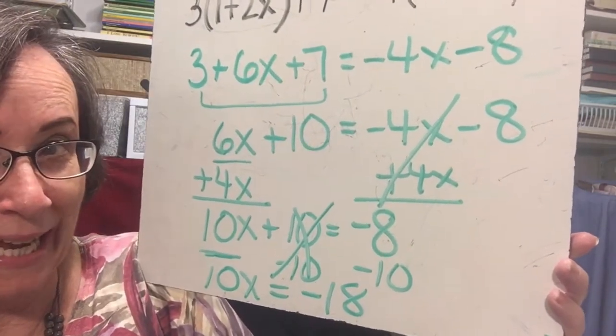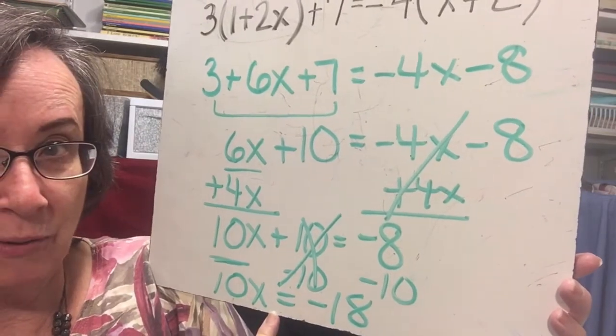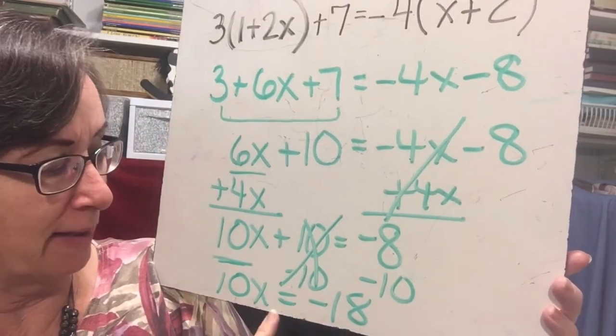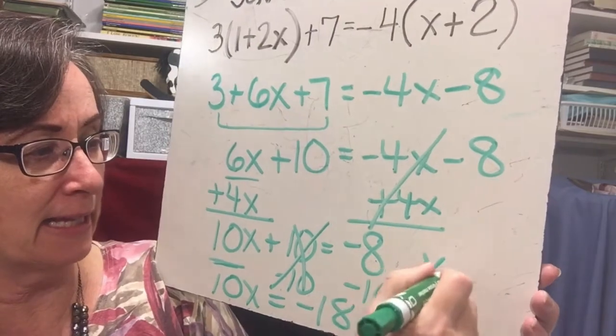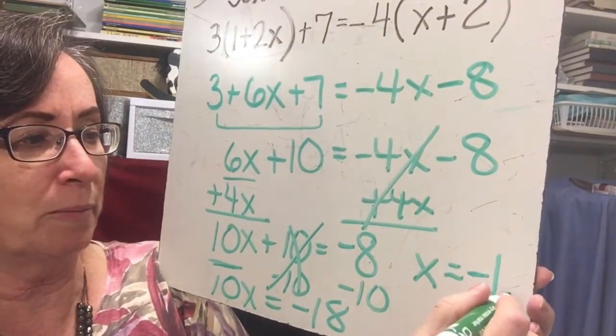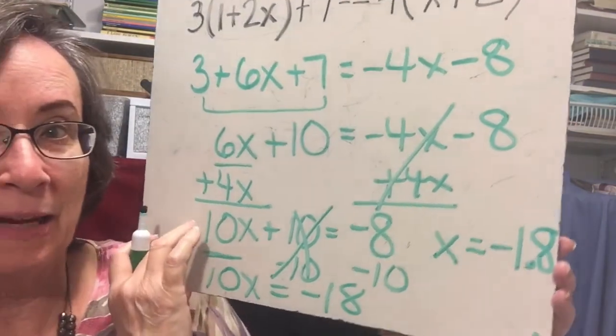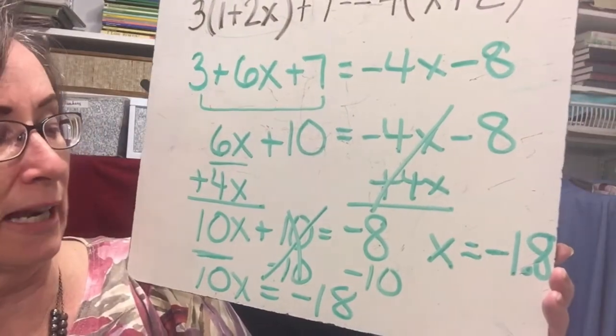So I don't want 10x, I want x. So I'm going to divide both sides by 10. When I divide this side by 10, I get x. When I divide this side by 10, I get negative 1.8 because dividing by 10 moves the decimal one place to the left.